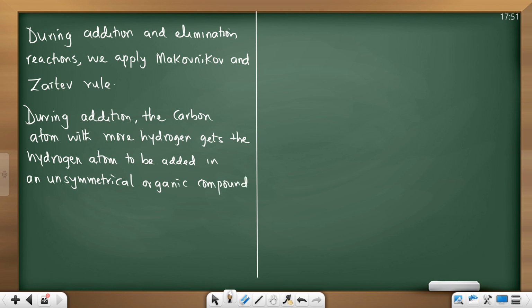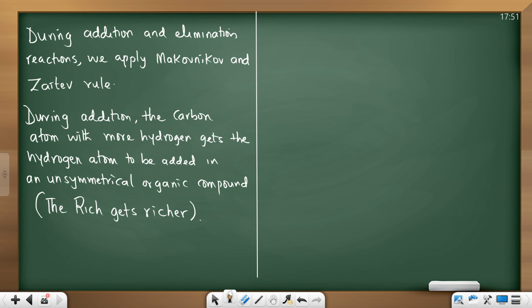Unsymmetrical means you cannot really divide it into two, right? And quickly, we are saying the rich gets richer. So the one that has more hydrogen will get the hydrogen. I'll look at an example with you, don't worry. I'm almost done. By 6 to 6:30, I want to look at questions.